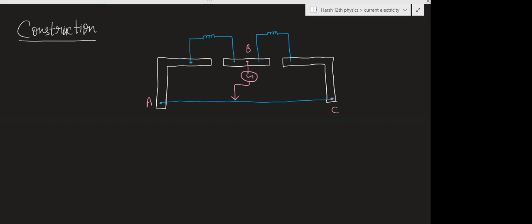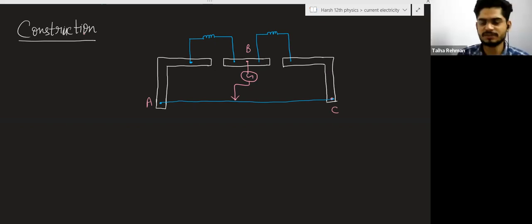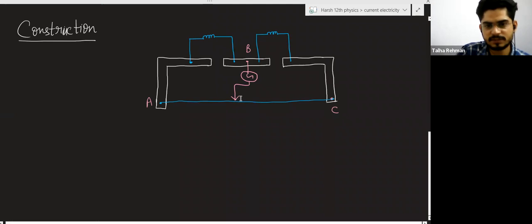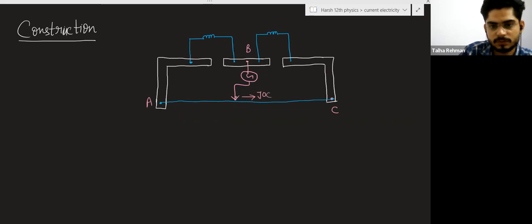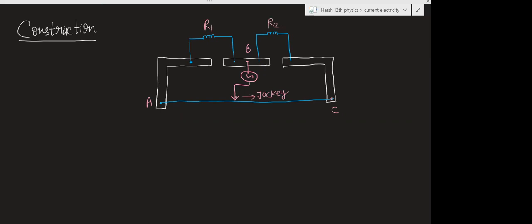Yes, sir. The jockey is used for making temporary contact. For making temporary contact, this thing is known as the jockey. It is like touching a pen there. So this is the jockey, and the resistances are connected like this.